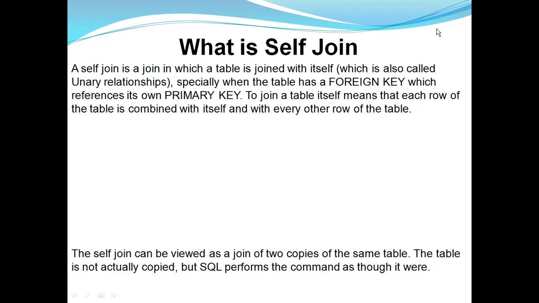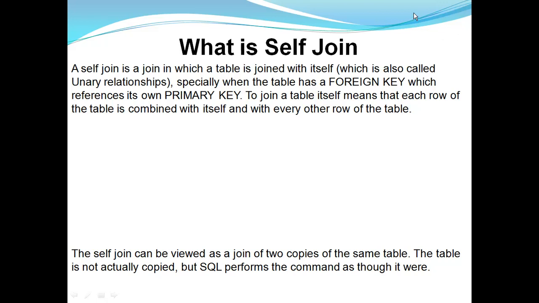So that will be considered a self-join. You already know what the join is. The only difference between the self-join and other joins is that in other joins, we basically have two different tables, but here we are using the same table as the right and left tables.